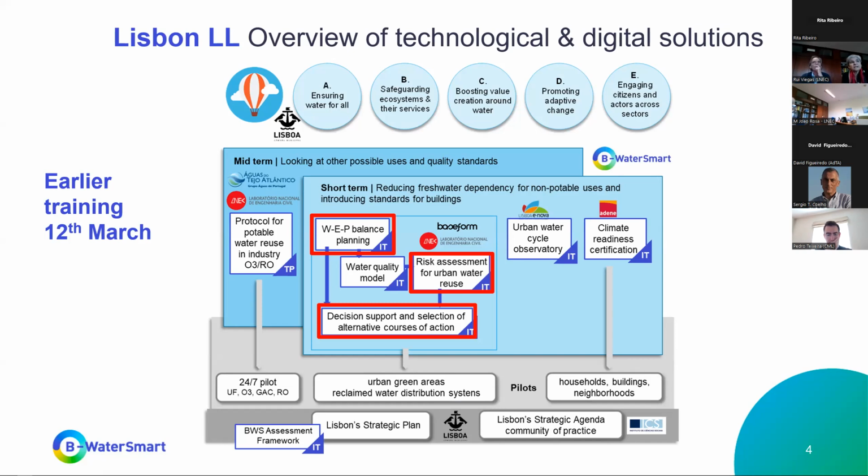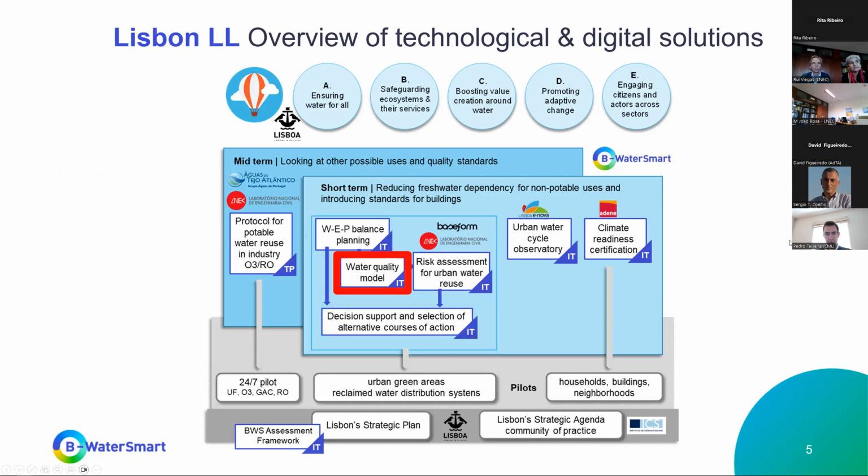Yesterday we had the seminar for three of the four tools that constitute this tool set on smart water allocation, and the last one, regarding the treatment technology that we are also developing and testing, will be next month, in April.